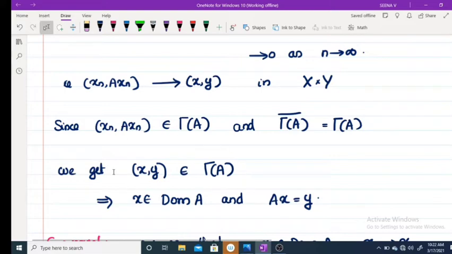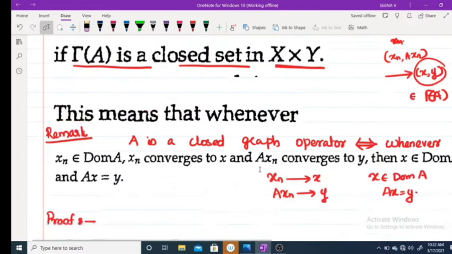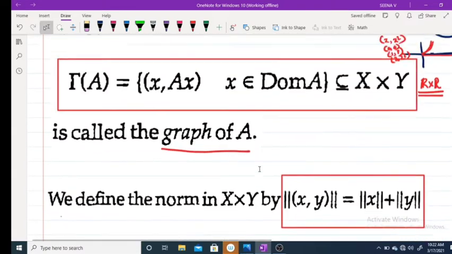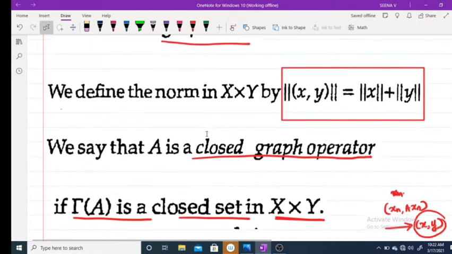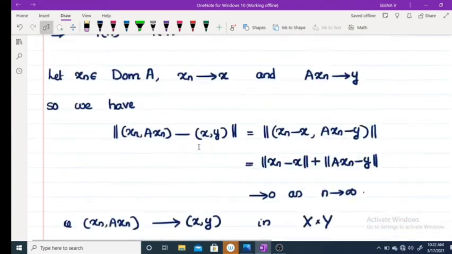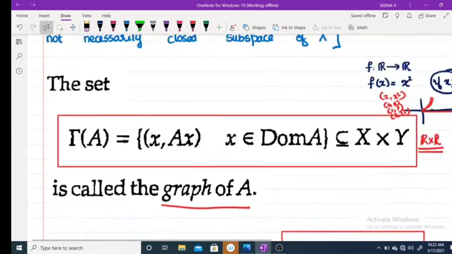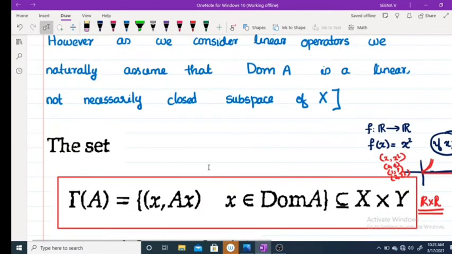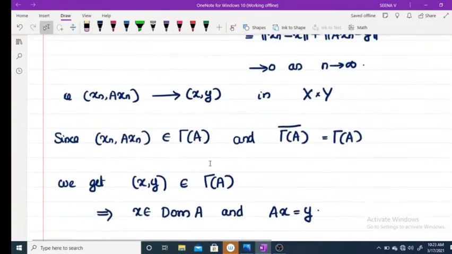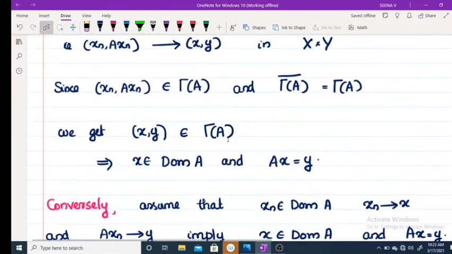Now (x, y) belongs to Gamma of A means, by the definition of Gamma of A, that x belongs to the domain of A and y is equal to Ax, that is, Ax equal to y.